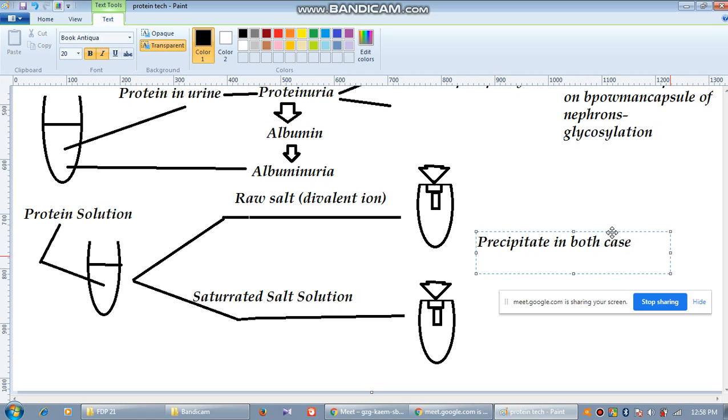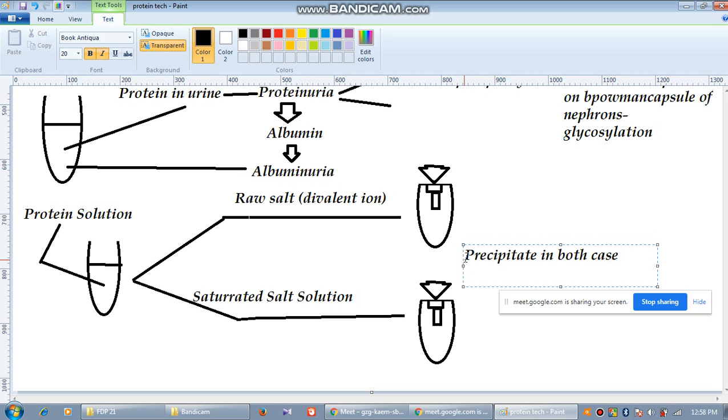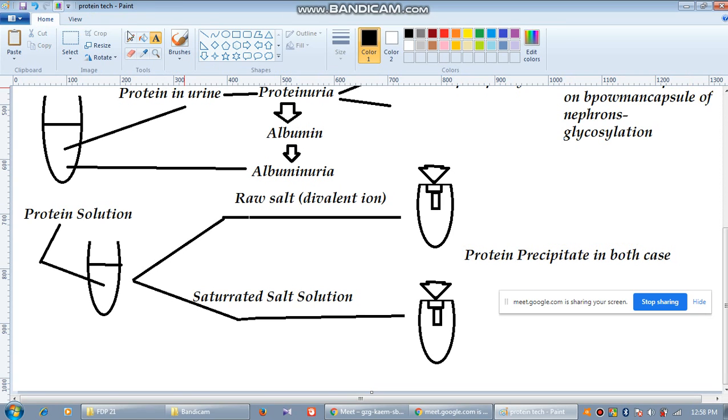It means that we are getting what precipitate? Protein precipitate. Protein precipitate in both cases means what? Once again you see, previously in case of albumin, can you remember what happened? We only got precipitation when we used raw salt. In saturated solution, albumin did not give any precipitate.